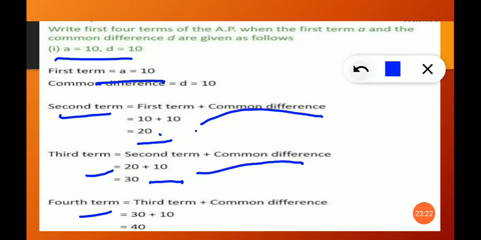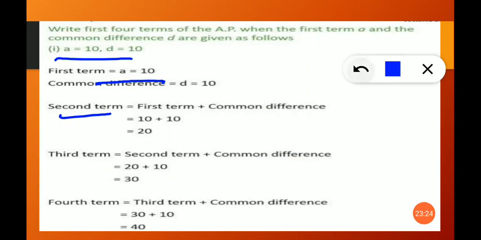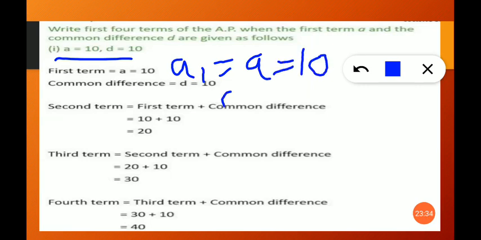This same thing can be written in the form of symbols also. Like a1 is equal to a, which is equal to 10, and d is equal to 10.